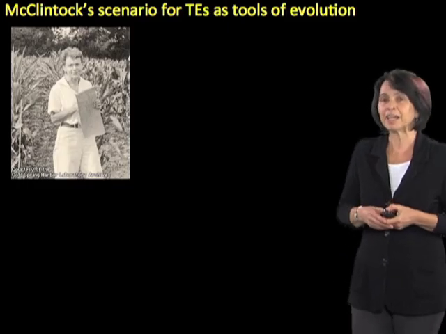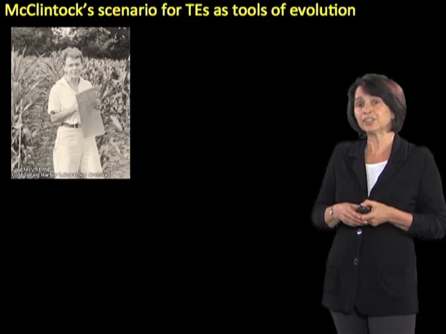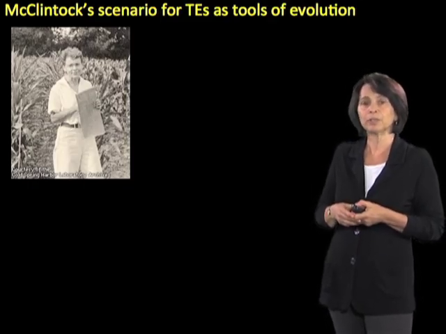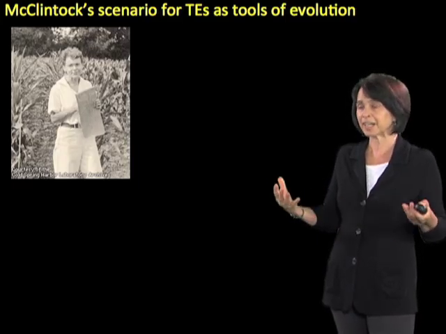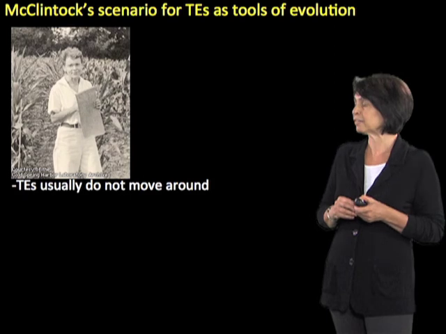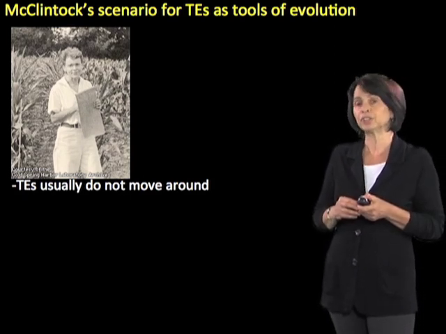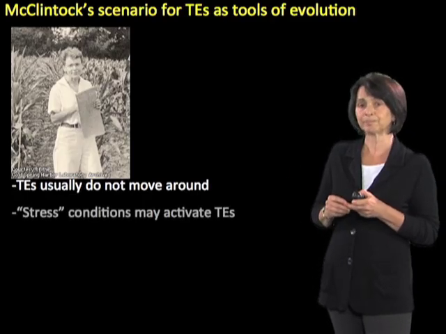So like many things with transposable elements, McClintock was ahead of her time. She didn't only discover transposable elements, but she proposed that they had a role in generating diversity. And this scenario had the following components. Transposable elements in the genome usually do not move around, because if they did move around, they would cause mutations.